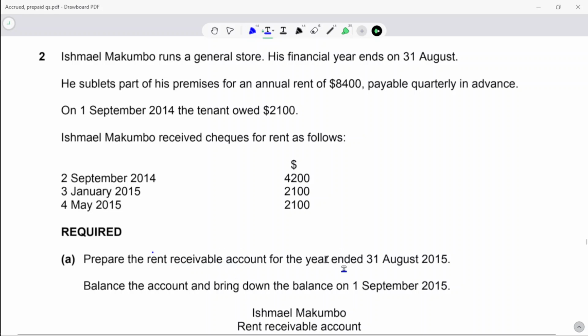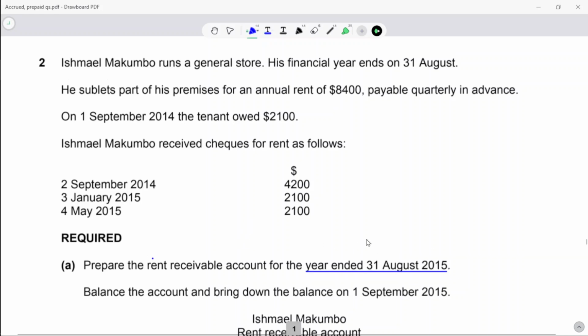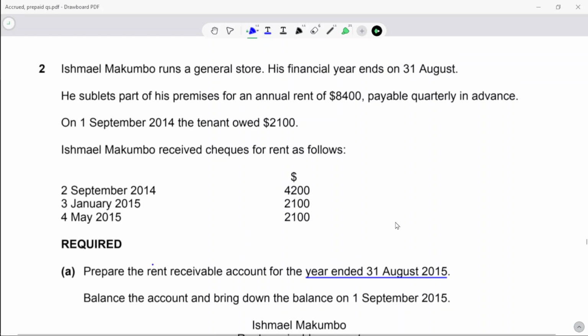But first we do the year end. Year end is this, so the year start will be one year before, one day after.